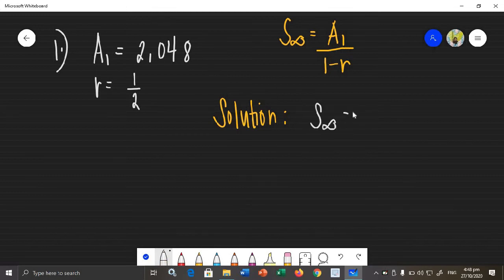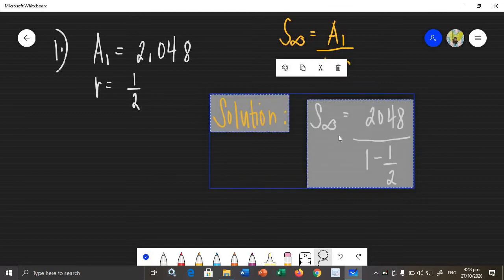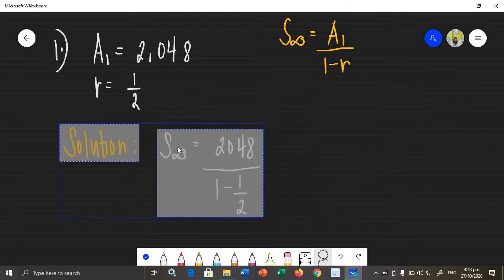S sub infinity is equal to a sub 1, which is 2048, all over 1 minus 1 half. The solution is long, so I will move the solution.